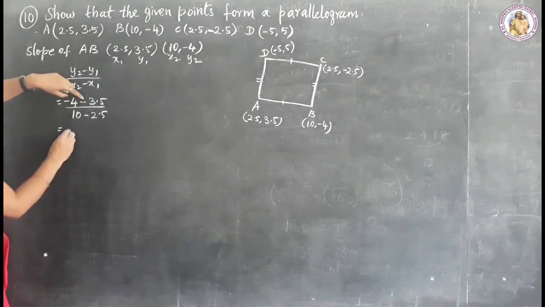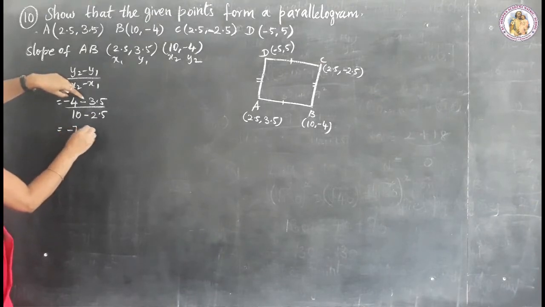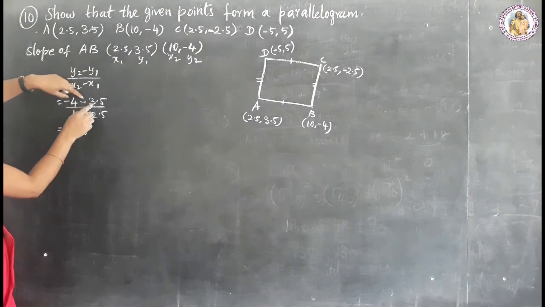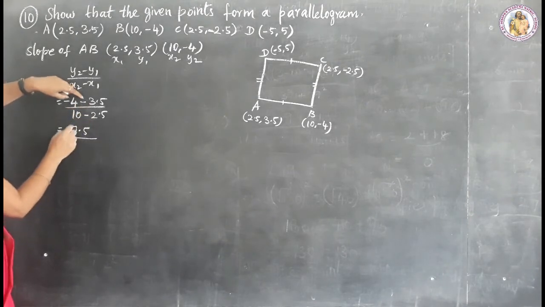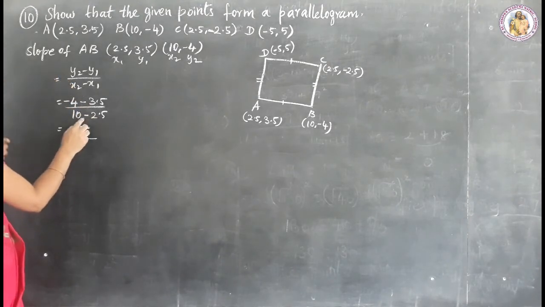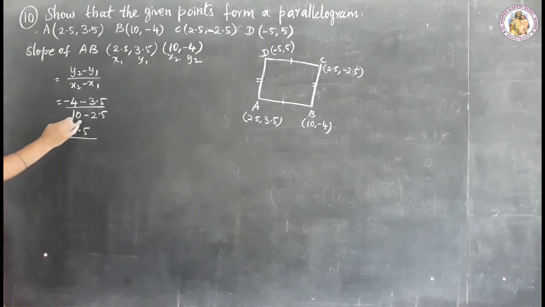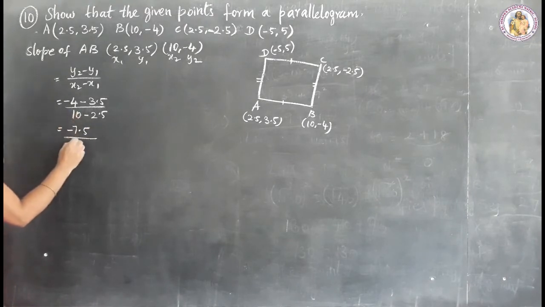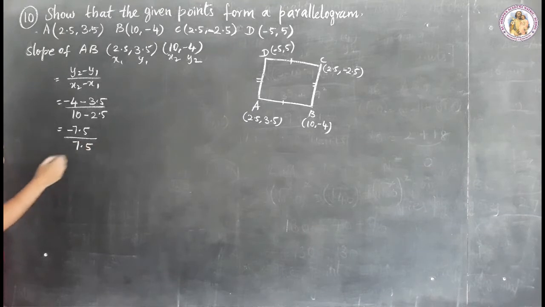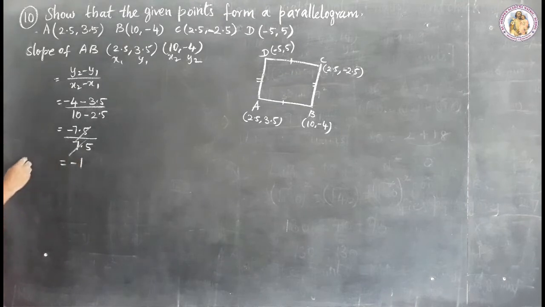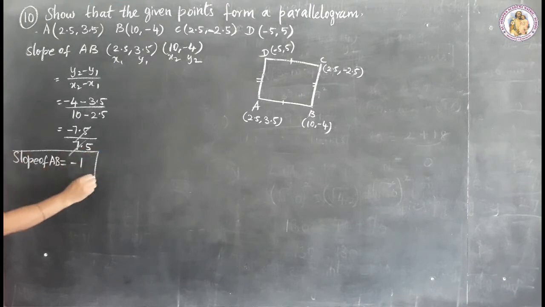Same sign, add, so minus 7.5. Here 10 minus 2.5 is 7.5. So 7.5 and 7.5 cancel, giving minus 1. So slope of AB is equal to -1.